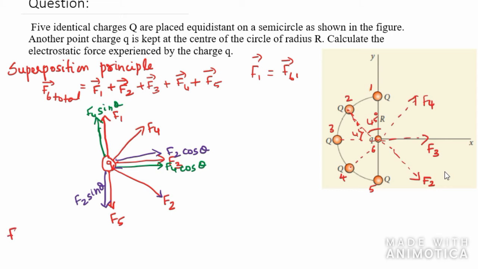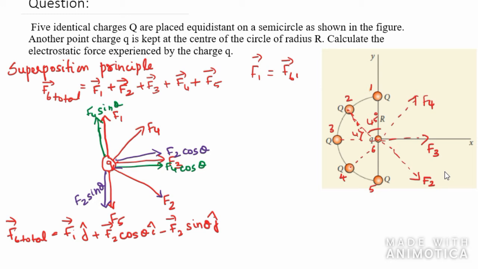So the total force equals, first F1, which is in the positive J cap direction. Second, F2 is plus F2 cos theta I cap, minus F2 sin theta J cap.